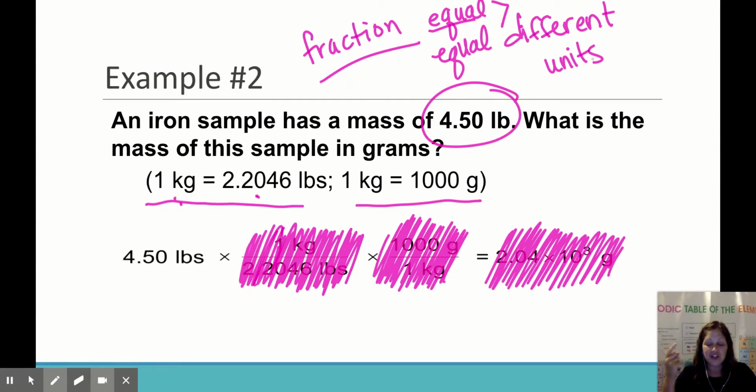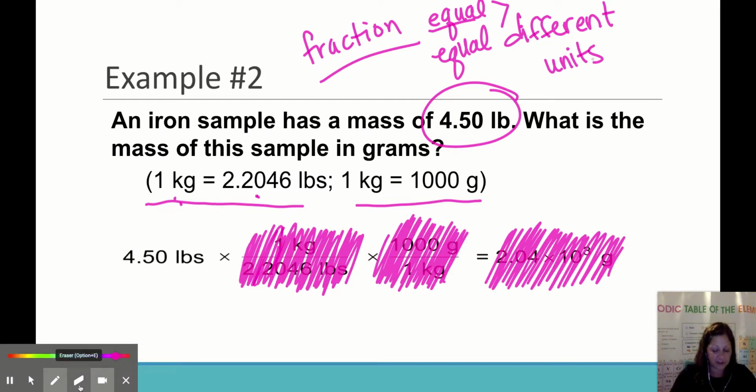We're not changing the magnitude or the size of the measurement. We are just changing the numbers associated because we're using a new unit, okay? We're not actually calculating a change in amount. We are just changing the unit that goes with this amount.